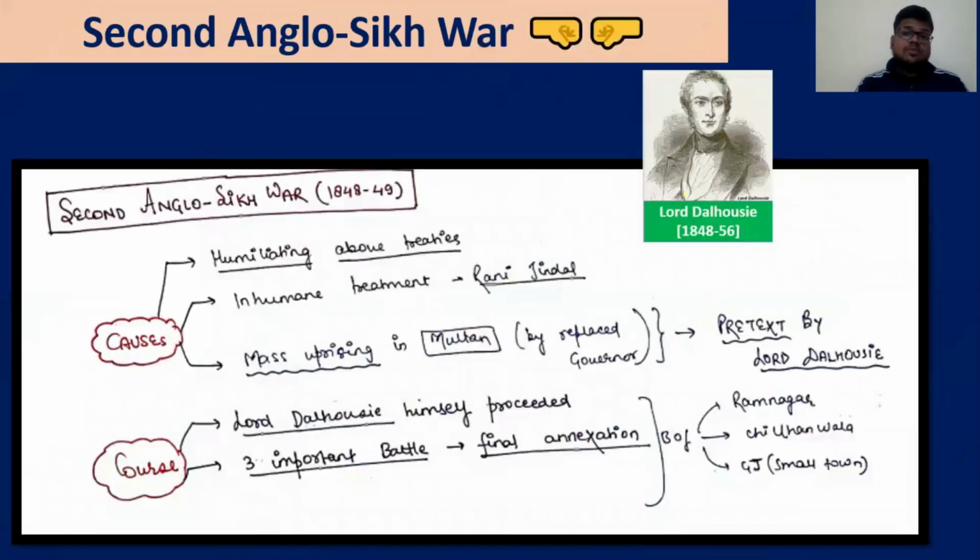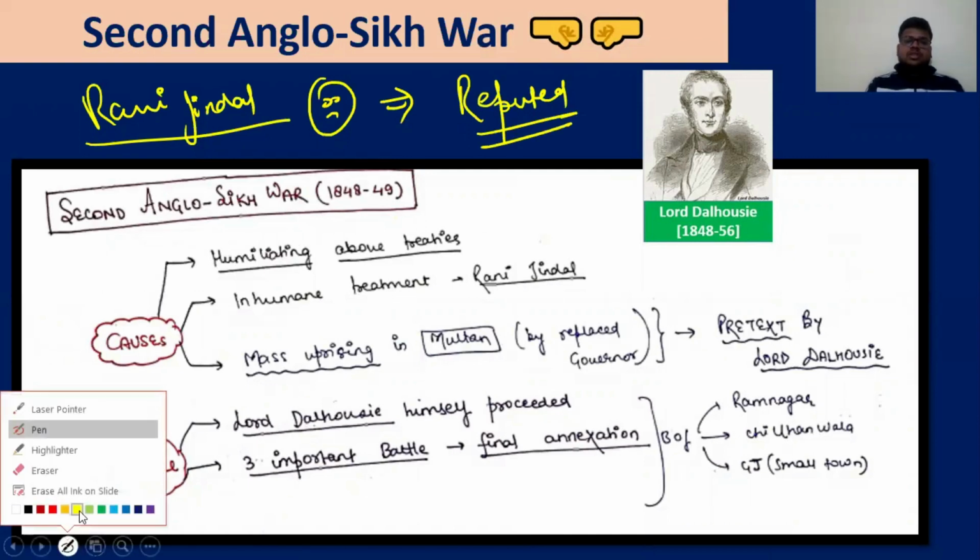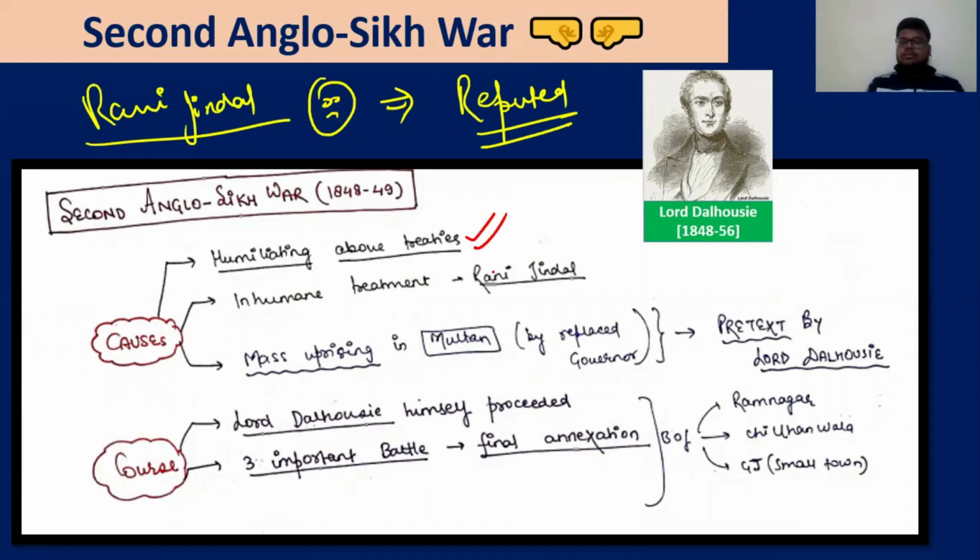Now, you see what the situation is. Rani Jindal faced a lot of humiliation. She enjoyed a lot of reputation and respect within the Sikh community. So it was a humiliating treaty for Rani Jindal, an inhuman treatment that was meted out to her.